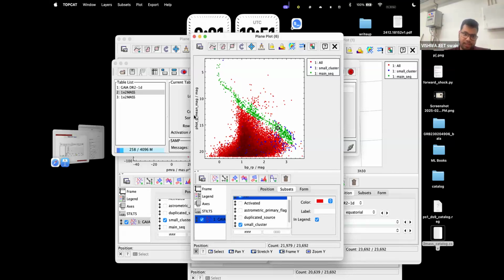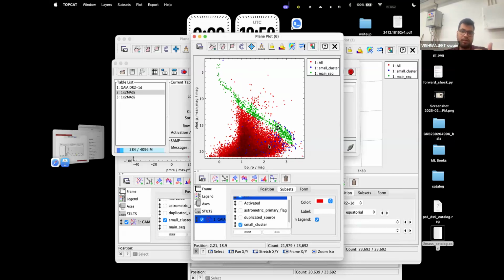Again, we tried G band magnitude on the y-axis, and BP minus RP, which is the BP minus RP color already present in the catalog. You can see the cluster of the main sequence and other clusters.